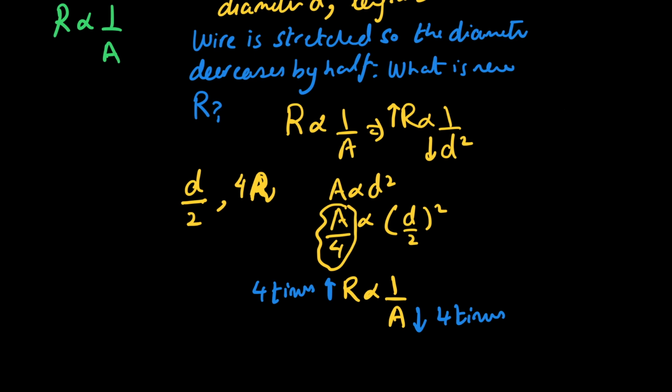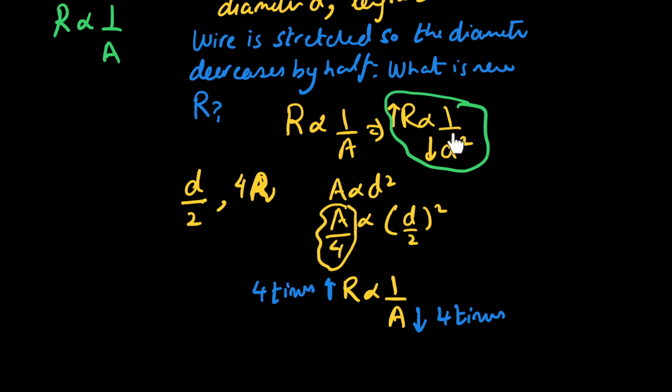Now I'm telling you that although it's a wrong answer, here is how to approach it. Whenever they say that the wire is stretched so the diameter decreases by half, you should always think of this relationship. No need to go into this area and then converting diameter to area, it'll just waste time. It's an MCQ, so just use this relationship directly.